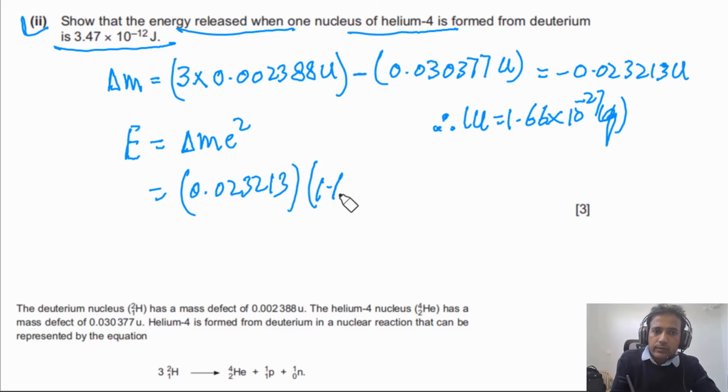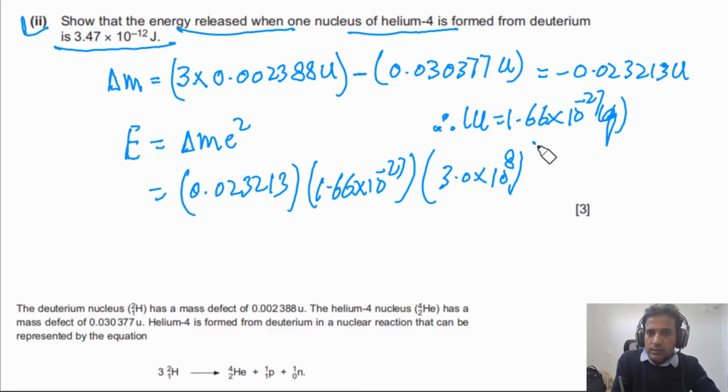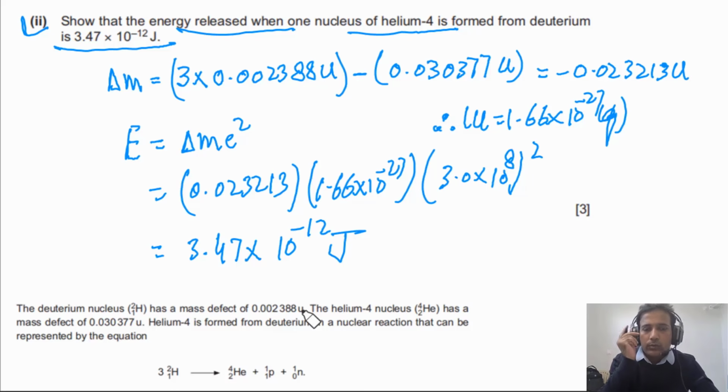So we write 1.66 times 10 to the minus 27 kgs multiplied by C squared, that is 3.0 times 10 to the 8 squared. If we solve this, we will get 3.47 times 10 to the minus 12 joules. So this is how you can find it.